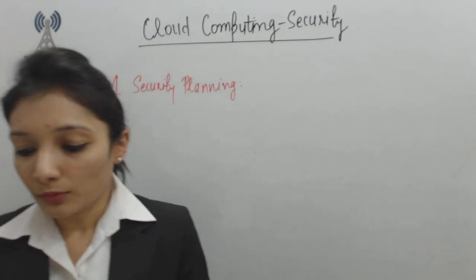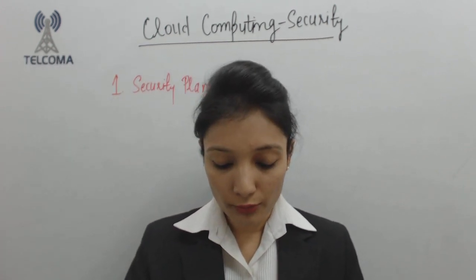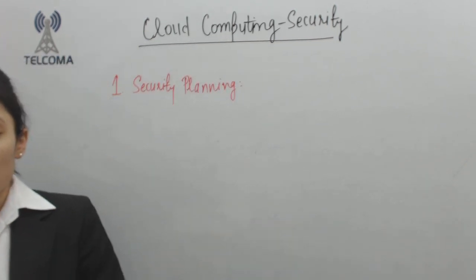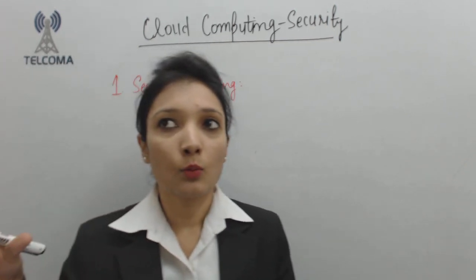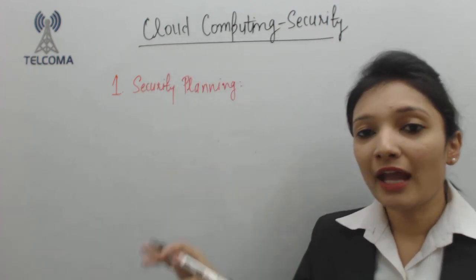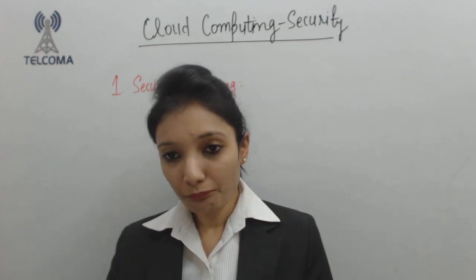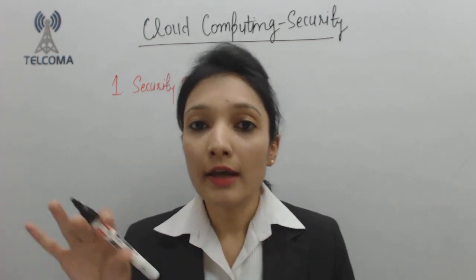We will first see what the various resources are that you should know about, and then according to that, you have to plan the security measures for your cloud platform. First, we should know what resources are moving to the cloud, and analyze its level of sensitivity to the risk.